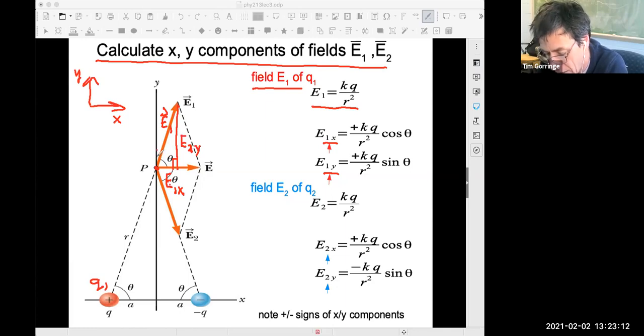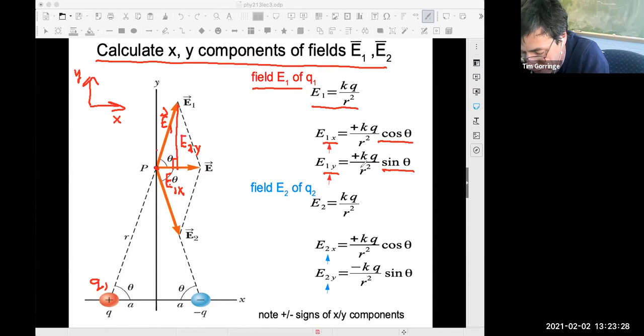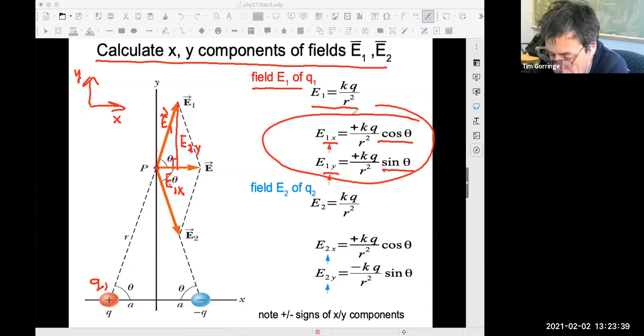E1x is adjacent to the angle theta, so E1x is the magnitude of the field times the cosine of theta. E1y is opposite the angle theta, so E1y is the strength of the field times the sine of the angle. These are E1x and E1y for the positive charge Q1.